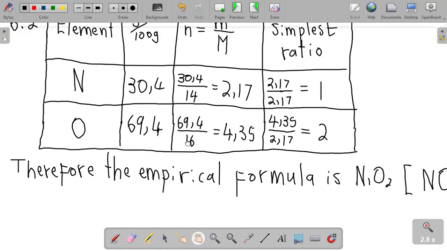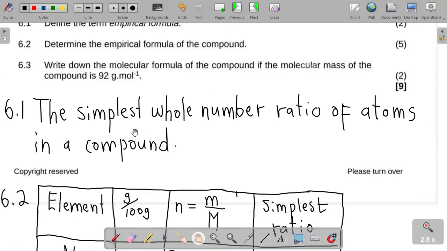Then 6.3, what are they looking for? They say, write down the molecular formula of the compound if the molecular mass of the compound is 92.